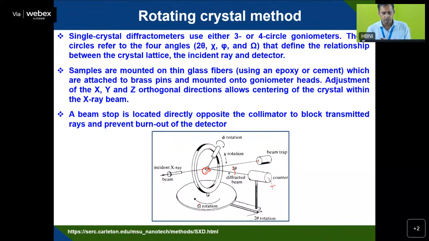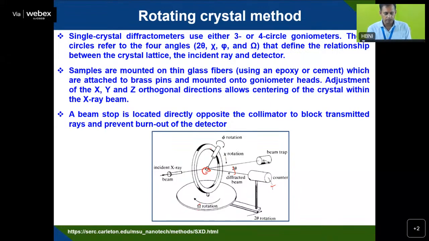You can adjust the XY direction in such a way that the X-ray beam is at the center of the crystal. The beam stop I mentioned is located directly opposite to the collimator, to block the transmitted X-rays. Since in single crystal XRD the crystal may sometimes be transparent, the X-ray beam is transmitted through the crystal, and that will be stopped by the beam stop.